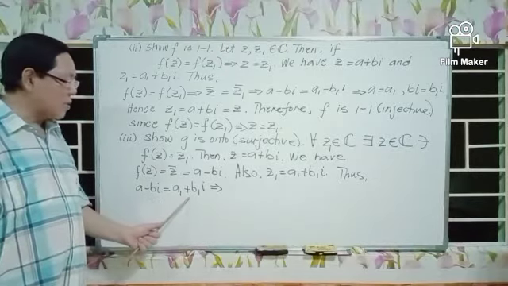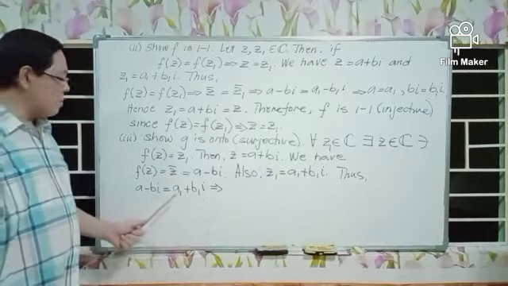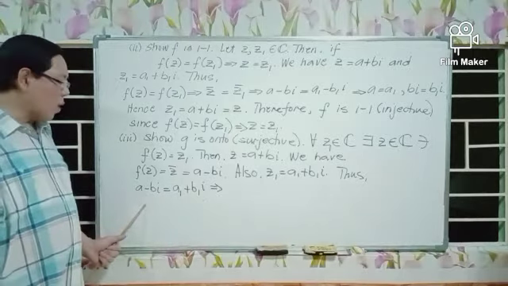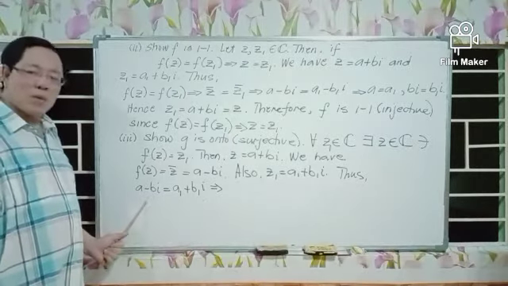Their imaginary parts are equal: minus bi is equal to b sub 1 i. And their real parts are also equal: a sub 1 is equal to a.